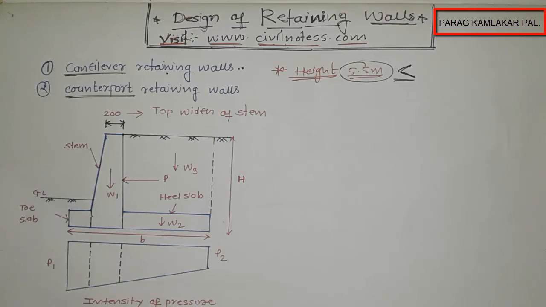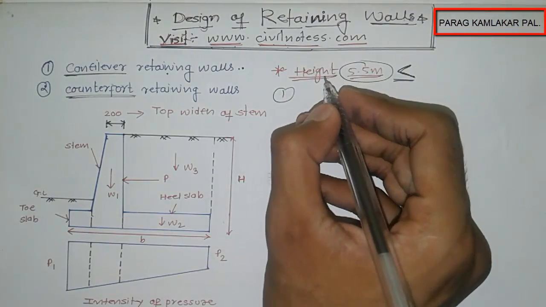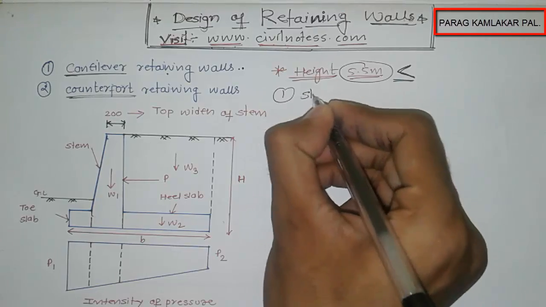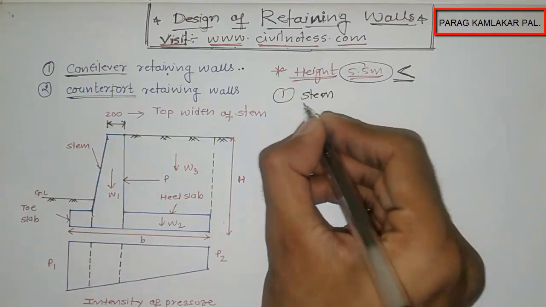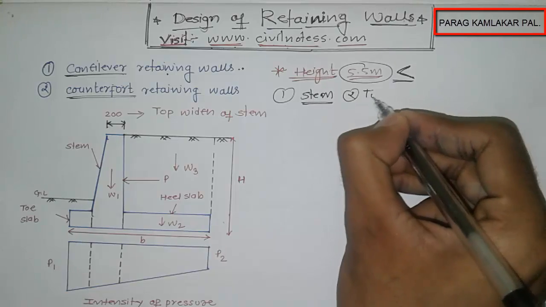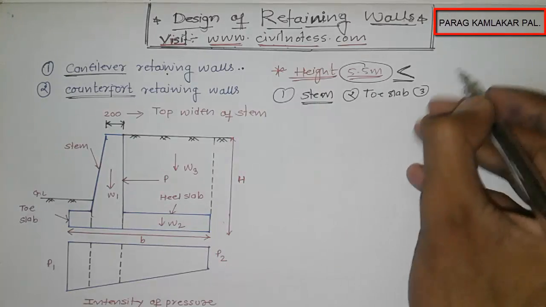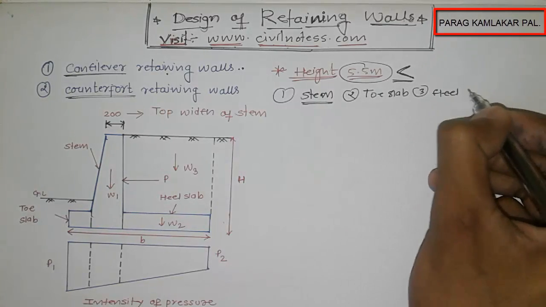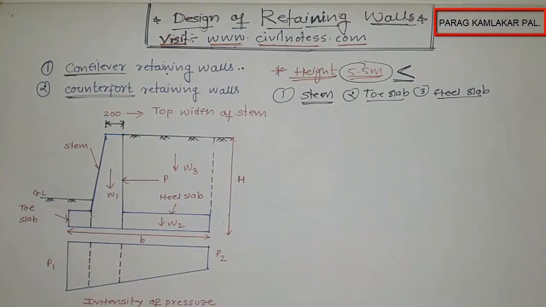The first is the stem, which is this one that you are seeing here. The second one is the toe slab, and the third one is the heel slab. These three parts make up the cantilever retaining wall.